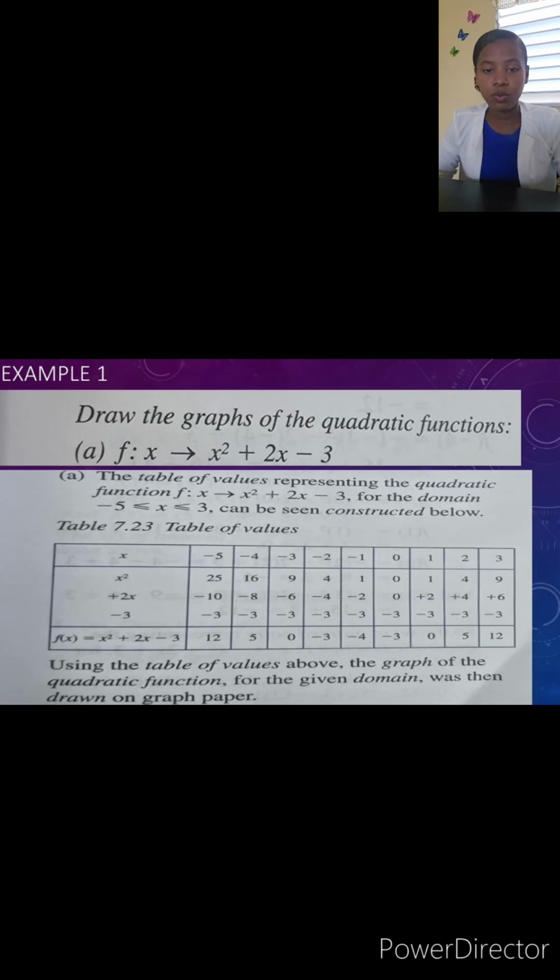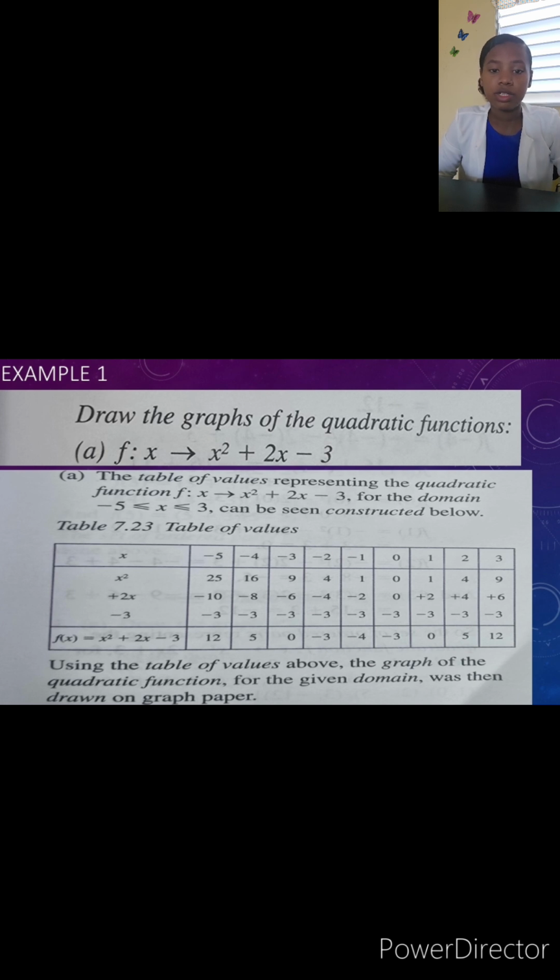For the example, we have a question here that says to draw the graph of the quadratic function. The quadratic function that they gave us is f of x is equal to x squared plus 2x minus 3.